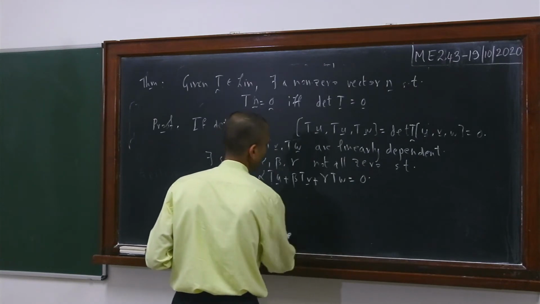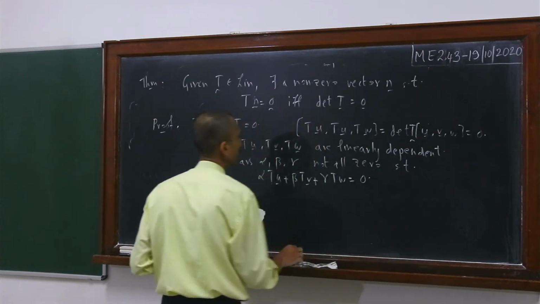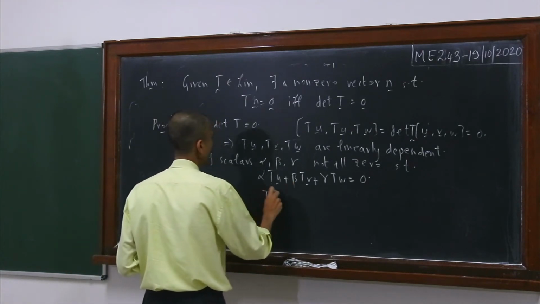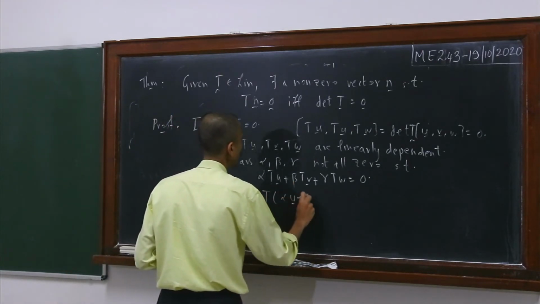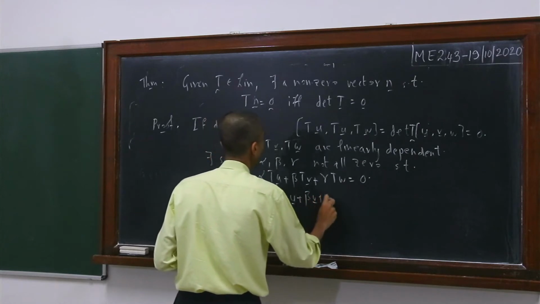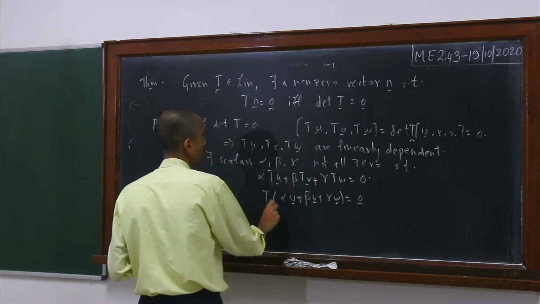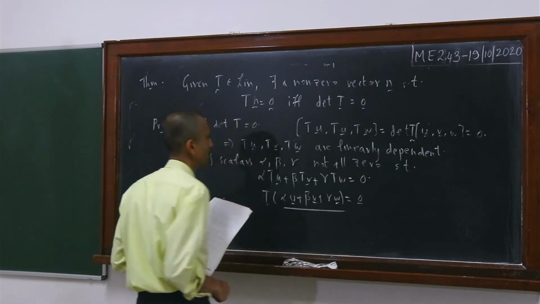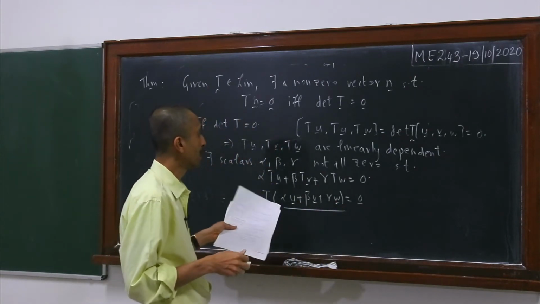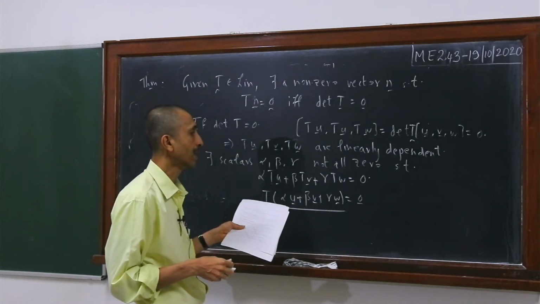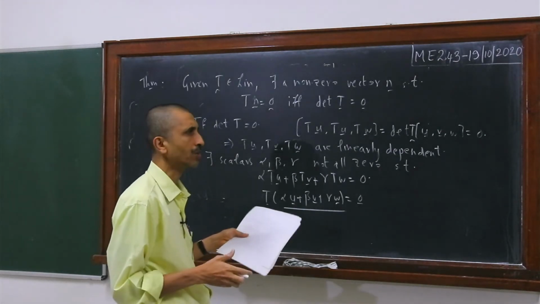And we can now use the linearity of the tensor transformation T. So you can write this as T of (alpha u plus beta v plus gamma w) is equal to 0. Right? And then you can now take this n to be this particular vector here. And since alpha, beta, gamma are not all 0, this n is a non-trivial vector. Non-trivial means non-zero vector, right?